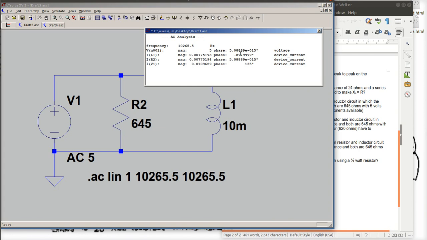I've got a negative 90 on the inductor, and I've got one of these 5e to the minus 15th, or essentially a 0 on the resistor for phase angle. So these currents are actually out of phase, and my source is having to supply 10.9 milliamps at a phase of 135 degrees. Now I want you to measure the voltages and the currents. So you would measure the currents with a meter, so you don't have to worry about these phase angles.